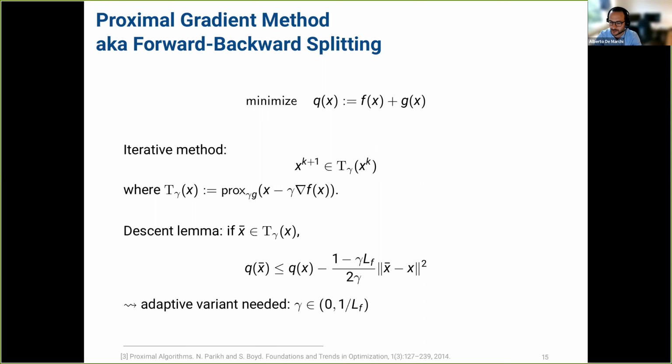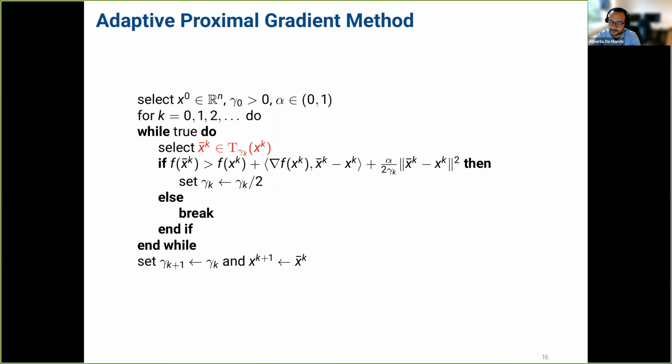When we write down the algorithm, this is the adaptive variant of the proximal gradient method, and the red part would be just the plain proximal gradient method. We would just apply this proximal gradient step, but we have to check if we really have the inequality satisfied, the one I showed before. So we check on the following line if the current estimate of the Lipschitz constant is correct.